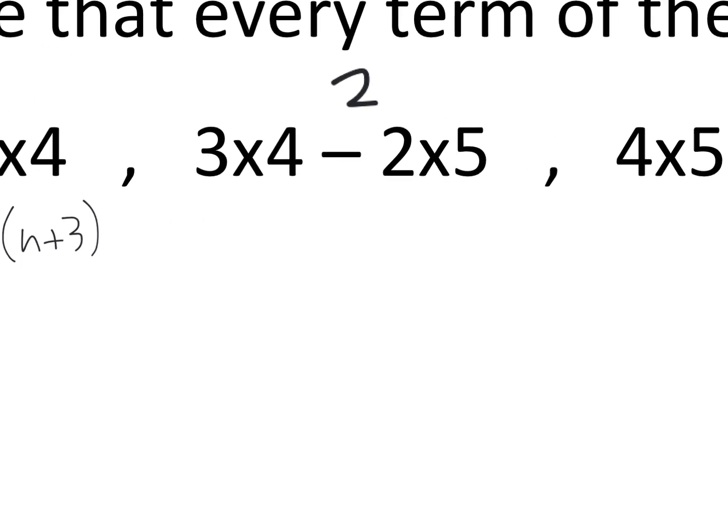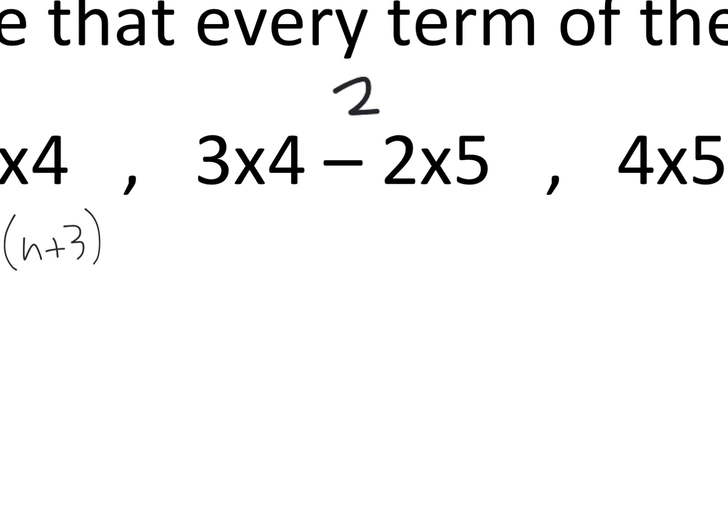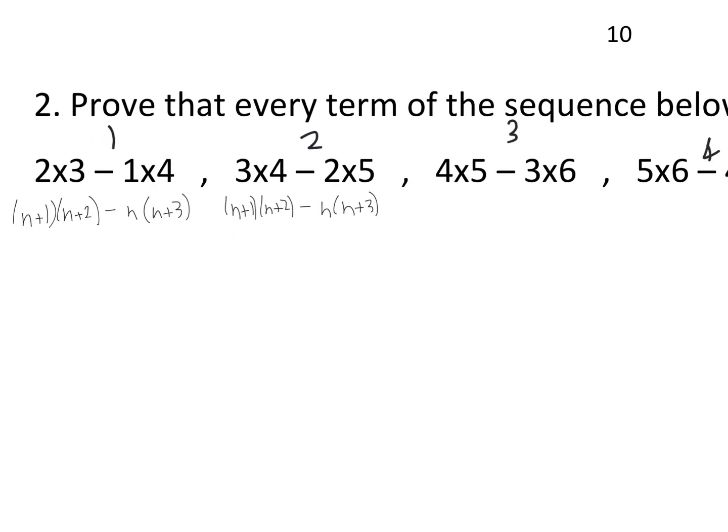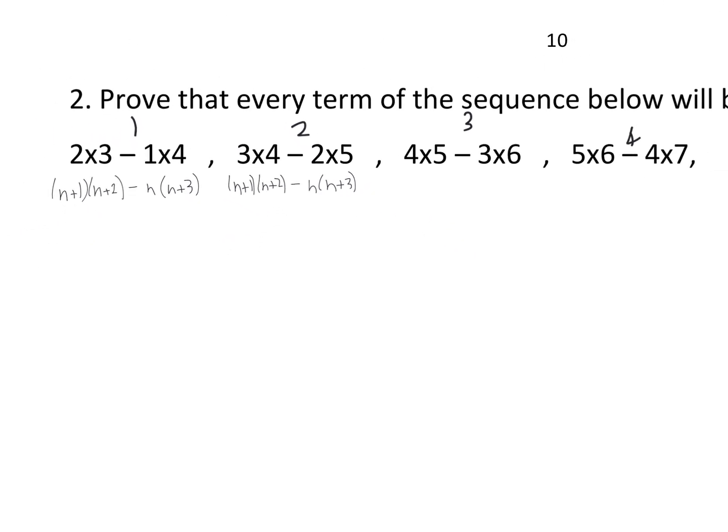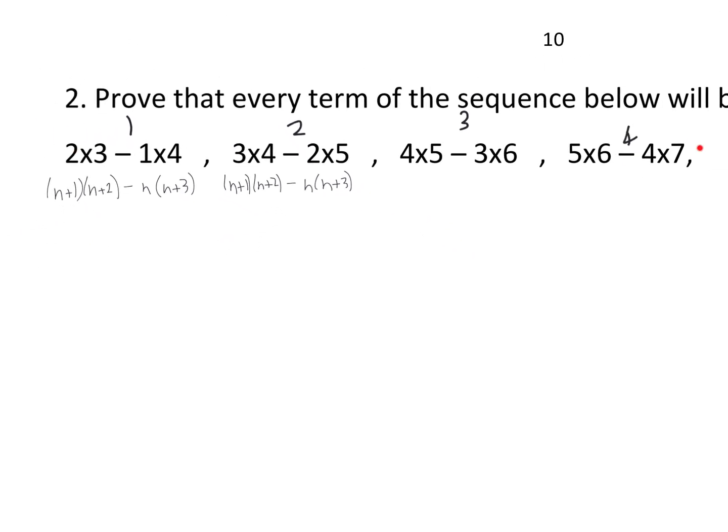For the next one, we've got n plus 1 times n plus 2 minus n times n plus 3. And effectively, for all of those terms, that's how you are generating the numbers. You're getting the term number and adding 1 to get the first number in the first term. You're getting the term number and adding 2 to get this one, and so on. So effectively, we need to investigate what that is.